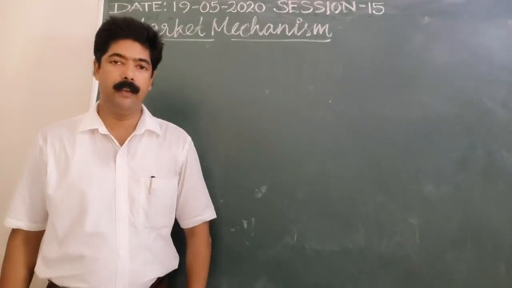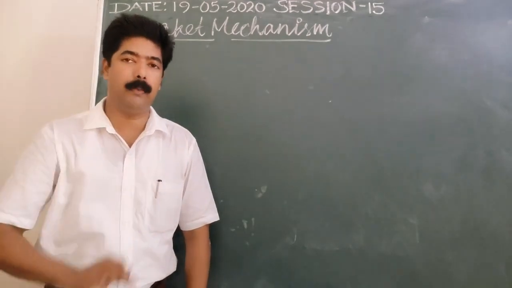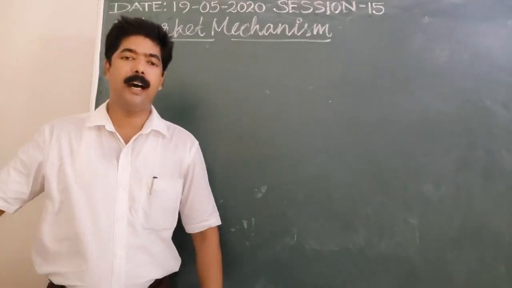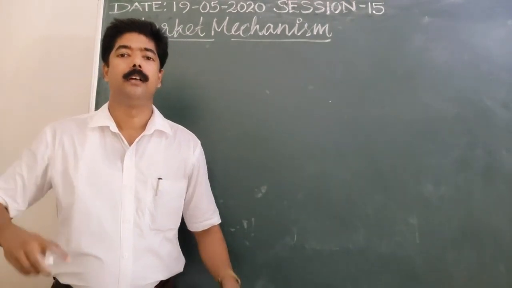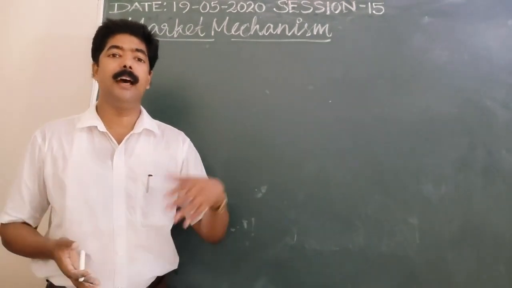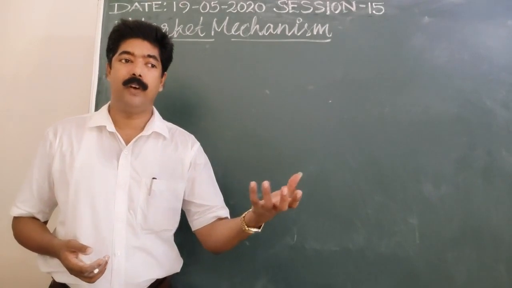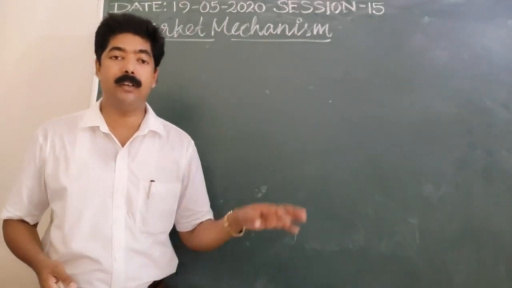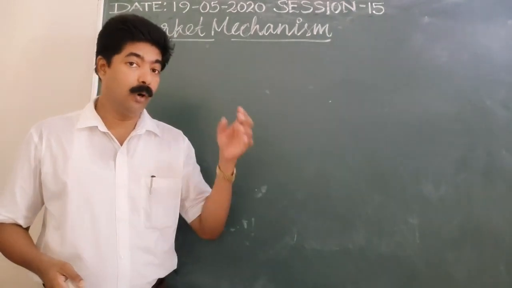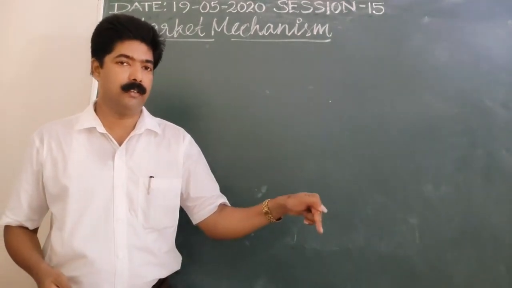Demand and supply. Goods that are highly demanded have a price, and they are scarce in nature. Why do we demand one particular commodity? Because those goods are scarce in nature.